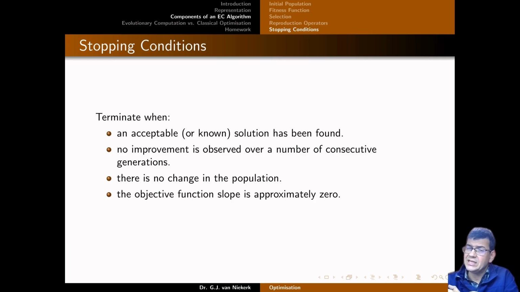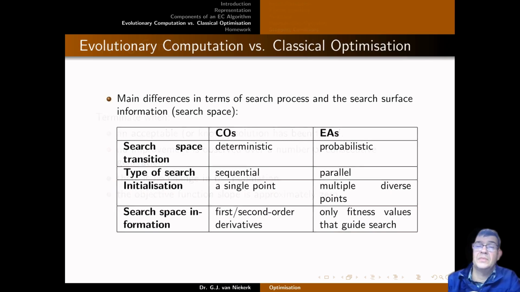So in those cases, stopping after a set number of iterations or after a certain time has elapsed makes sense. But usually, if your algorithm is implemented to find a solution and then stop, stopping based on time or number of generations is not advised. There are better ways to stop your algorithm.